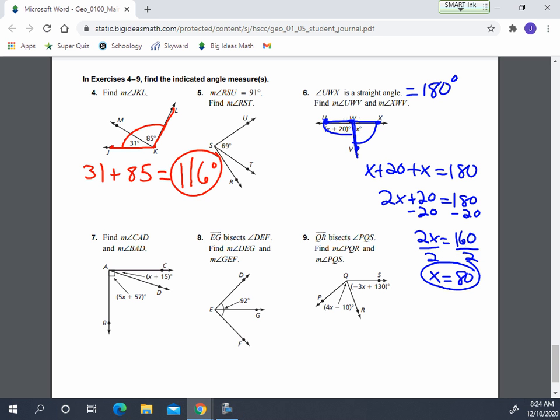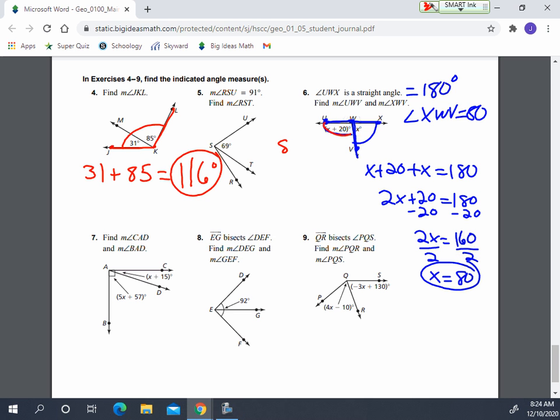Okay, most people stop there. They think they're done. X equals 80. Okay, no, we're not. In fact, we only found one half of this answer. The measure of XWV is equal to 80. So that just has x. UWV, this angle, has x plus 20.